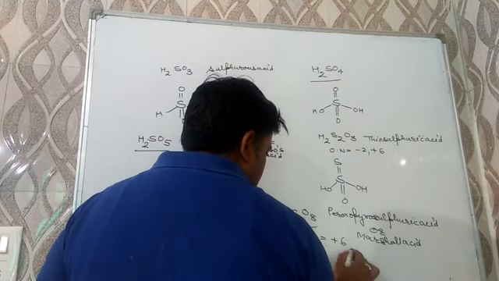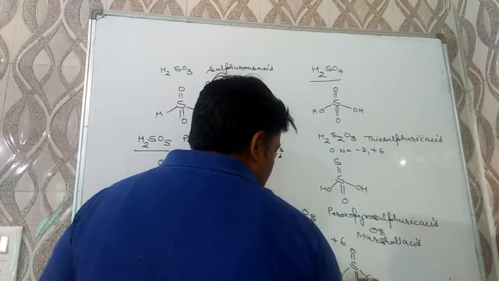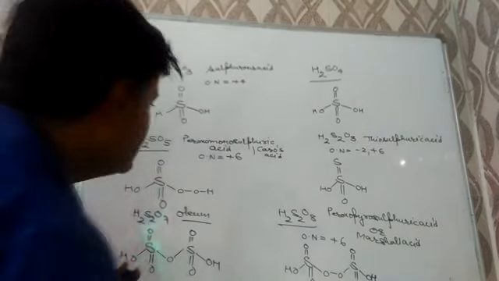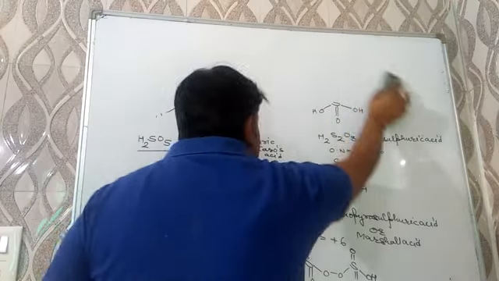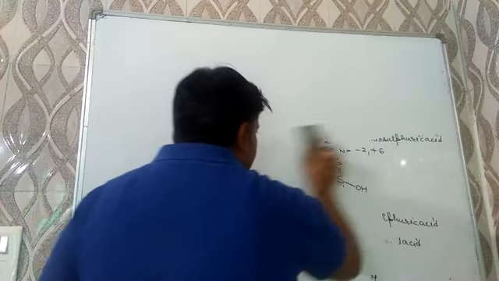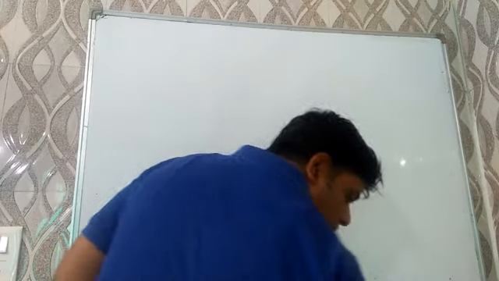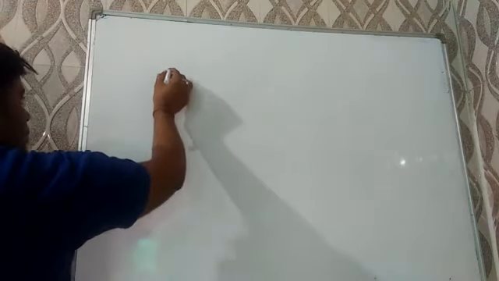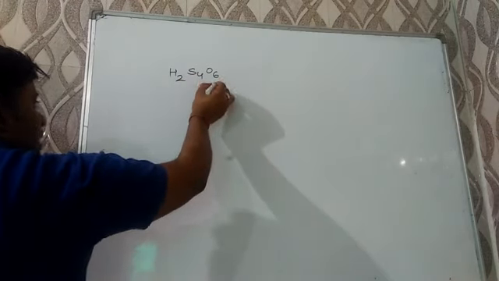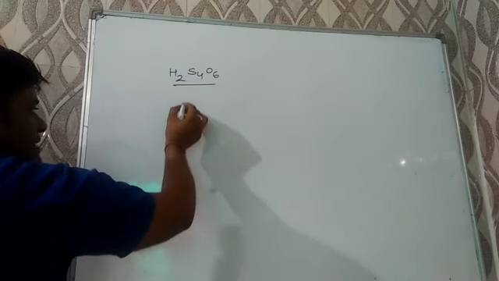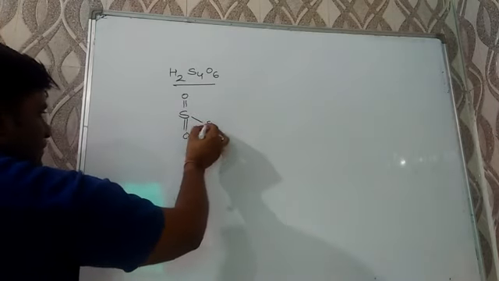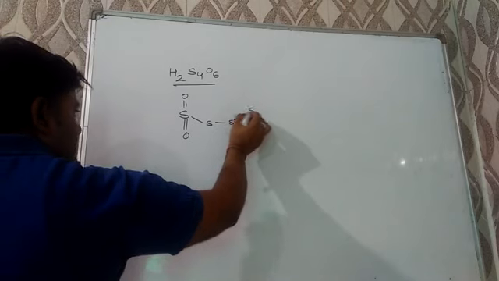And the last one of the oxo acids of sulfur is H2S2O6, dithionic acid, oxidation number 0 and +5, basicity 2.